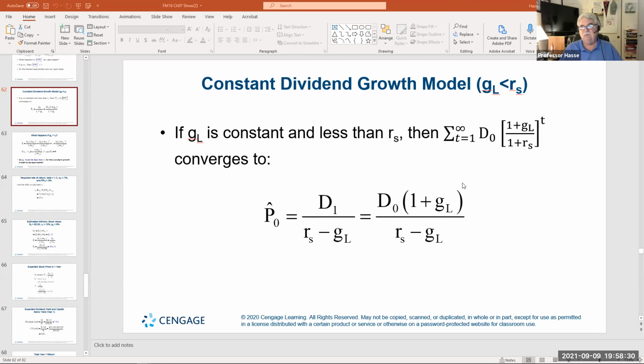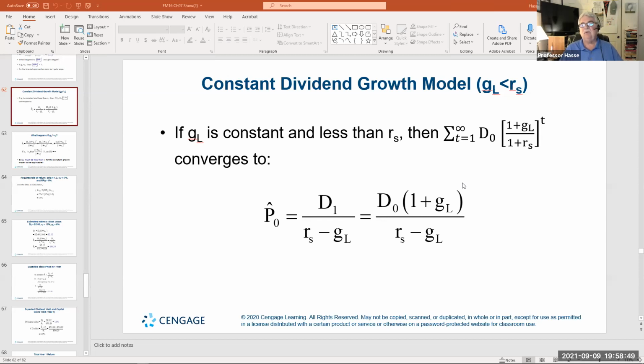Then as we go forward into our next case, coming up in another week or so, the question is how we take that risk and apply it to a specific project or a specific investment of capital. One of the ways of determining this is called the constant dividend growth model.